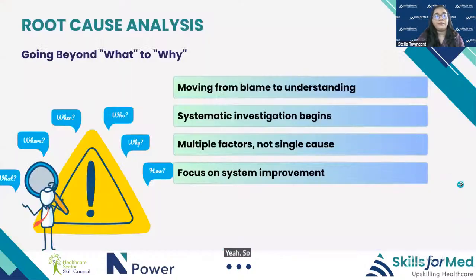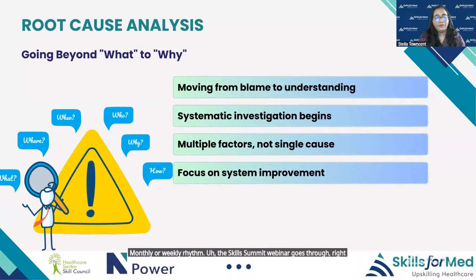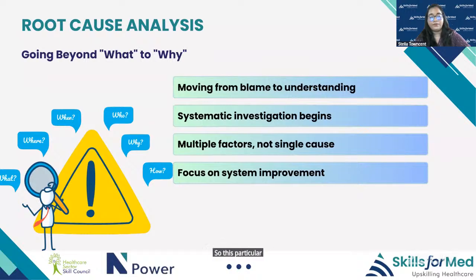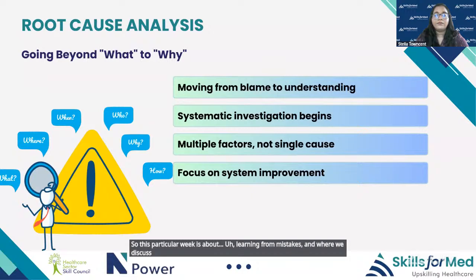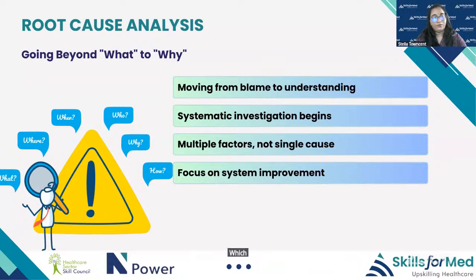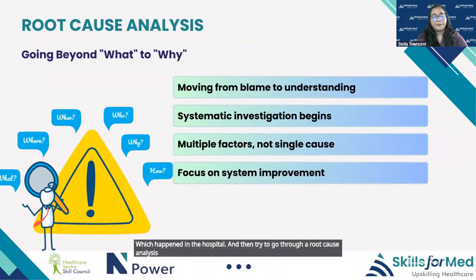So basically, this week is about learning from mistakes. I hope all of you now know the monthly or weekly rhythm the Skills Format webinar goes through. This particular week is about learning from mistakes, where we discuss an incident which happened in a hospital and then go through a root cause analysis and corrective and preventive action.